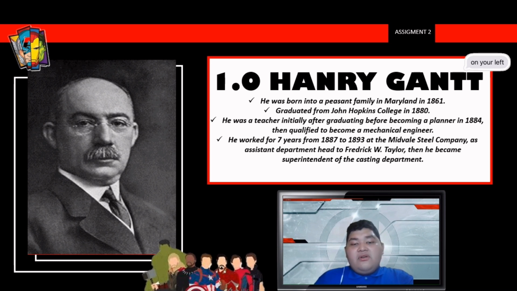He worked for 7 years from 1887 to 1893 at the Midvale Steel Company as assistant department head to Frederick Winslow Taylor. Then he became superintendent of the casting department.